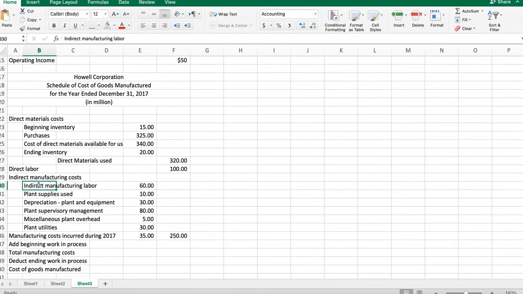Okay, so I've kind of messed this whole thing up. I was not paying attention. That's 60. Plant supplies used 10. I'm going to get these back in order and what they're given to you in the book so I can make sure I have them right. Depreciation on the plant and equipment.